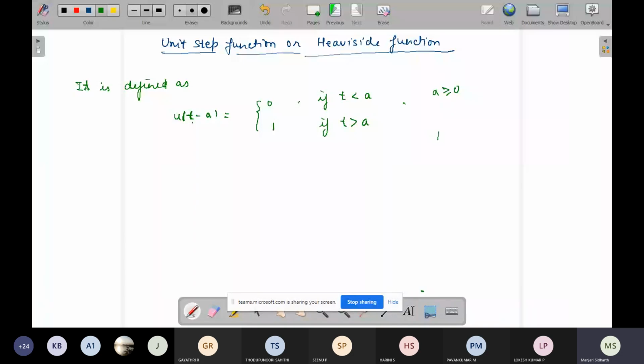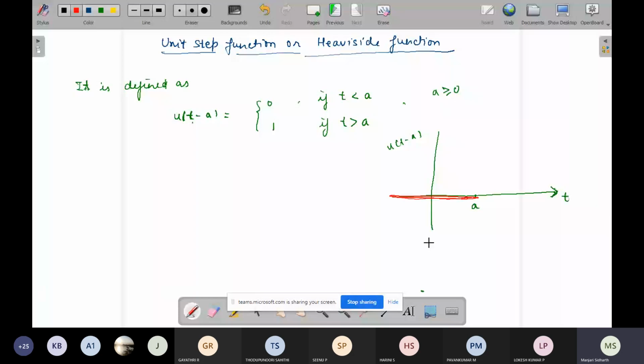By the graph itself, suppose here is the graph of the unit step function u of t minus a. On the x-axis it is t, on the y-axis it is the function. Now suppose here is a somewhere. If t is less than a, its value is 0, so up to here, for these values of t, the graph is this.